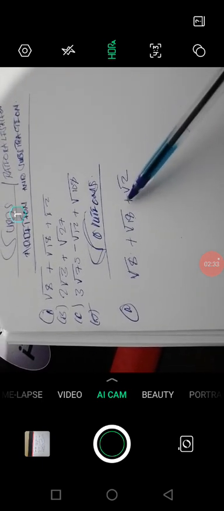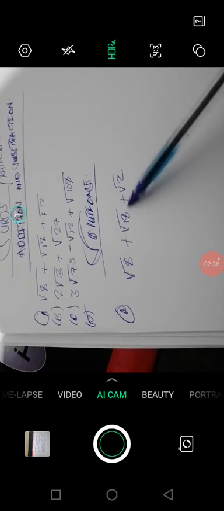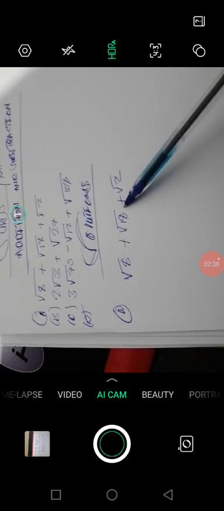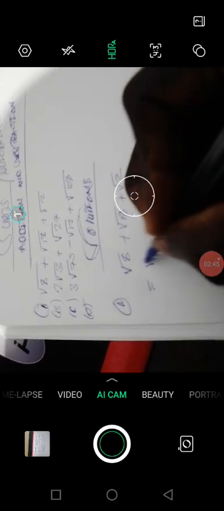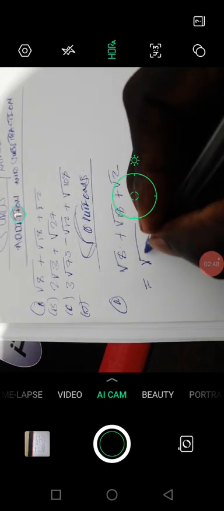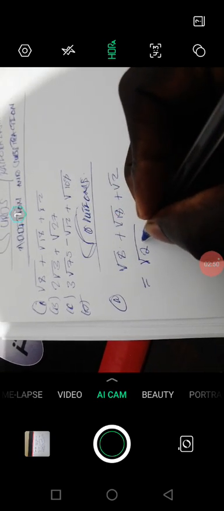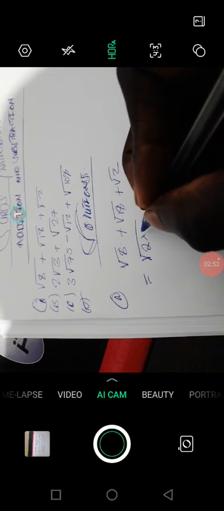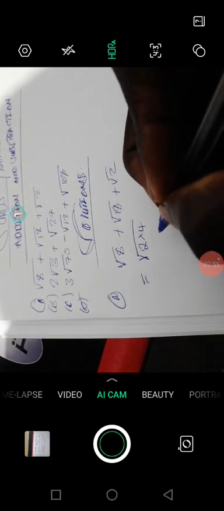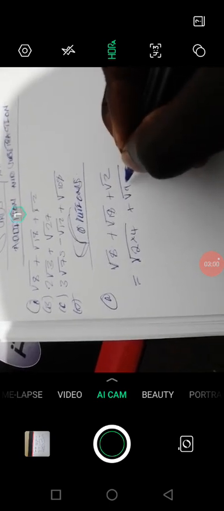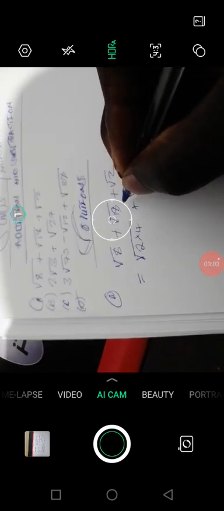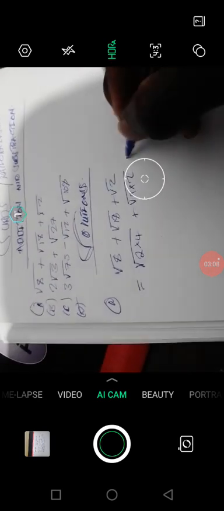So which number can I multiply with 2 to give me 8? It will be 4 times 2, which is 8, plus 9 times 2, which is 18, plus the root of 2.